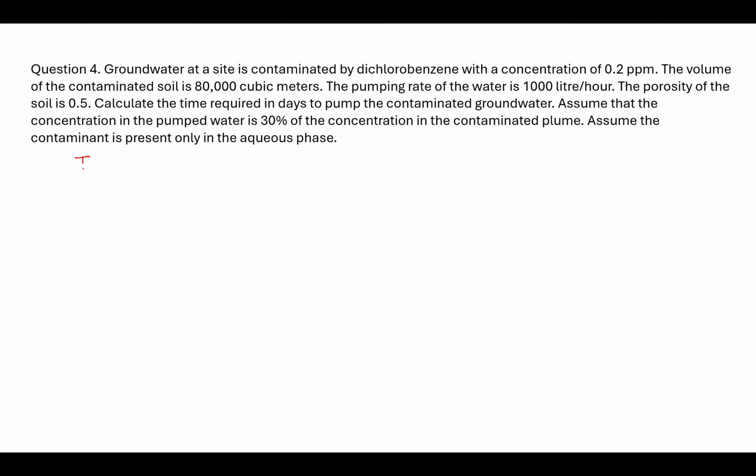We know that the time required to pump the contaminant is given as mass of contaminant divided by pumping rate into concentration of contaminant in pumped water.